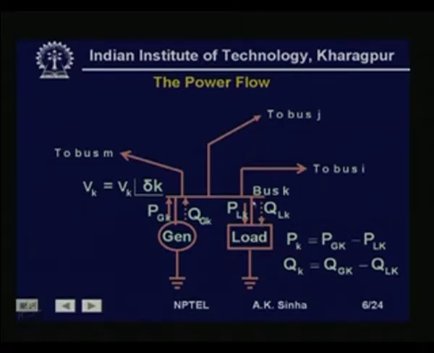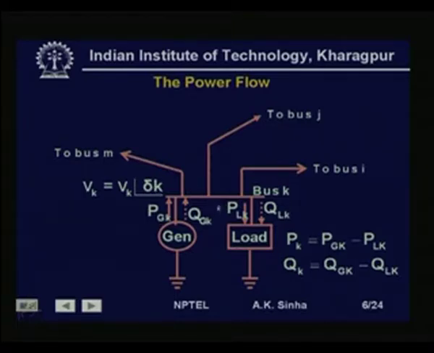This bus bar is connected to other bus bars like bus i, through this line to bus j, and through this line to bus m. The voltage at this bus bar is Vk, with magnitude Vk and angle delta k.